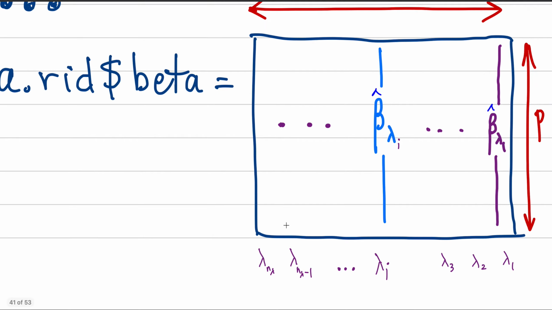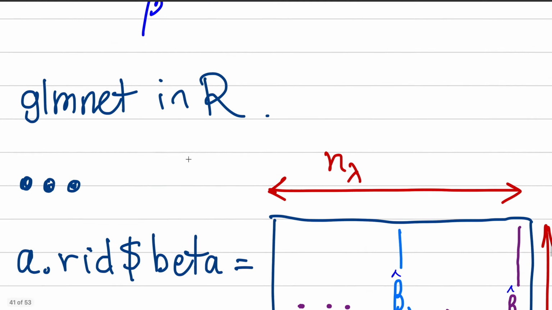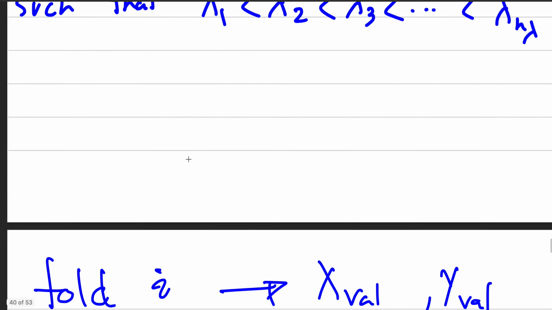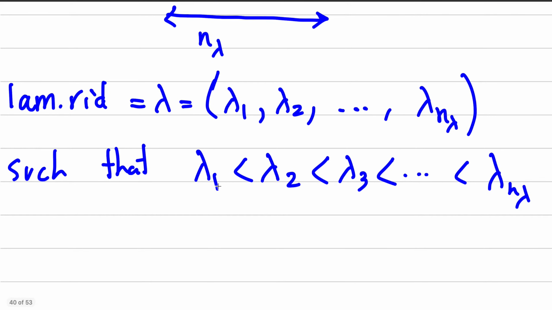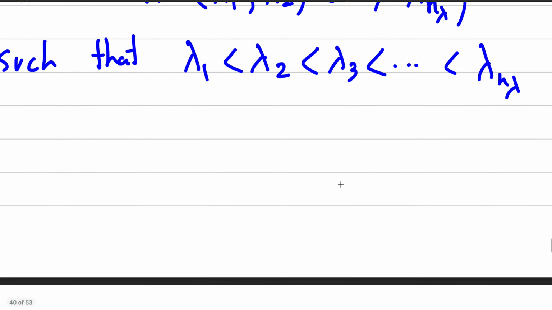And the way it's organized, lambda 1 was the smaller, and then lambda 2 up to lambda n lambda.